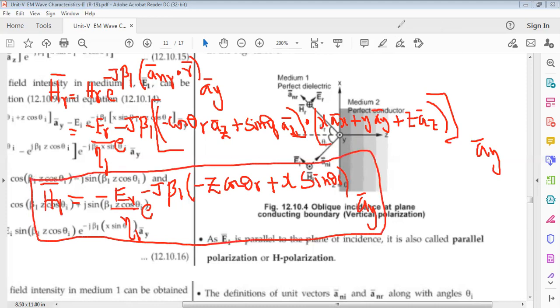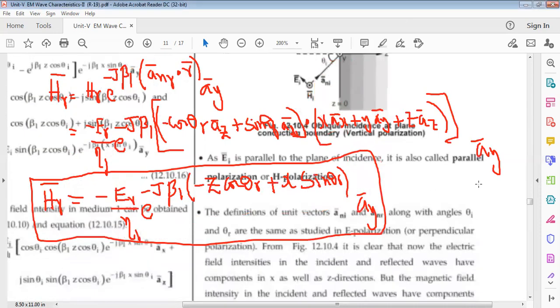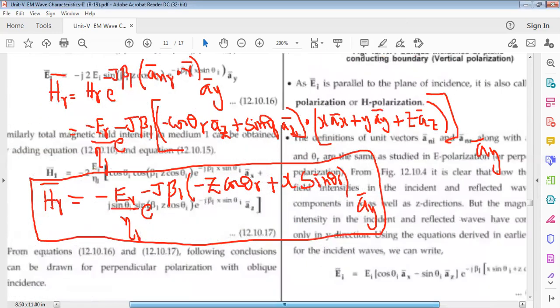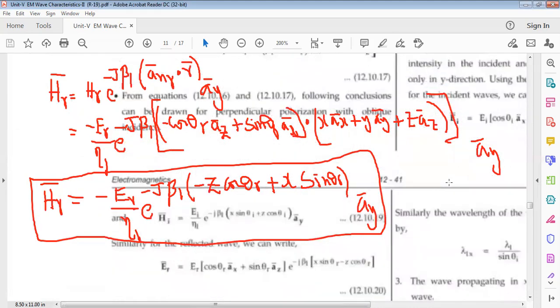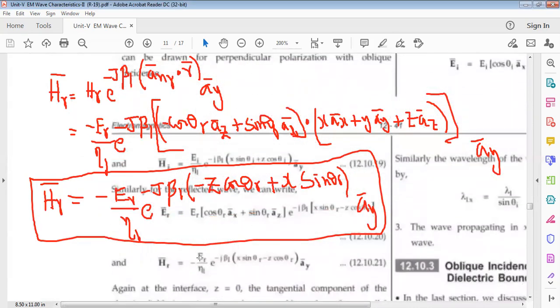Now let us see whether we are getting the same expression or not. H_r bar is equal to minus E_r by eta 1 e power minus j beta, x sine theta r minus z cos theta r, into a_y bar. The same coefficient.